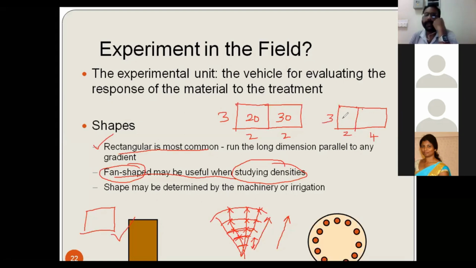This is another situation. Situation 1, situation 2. Tell me, is the density the same between these two plots, let's say A and B?